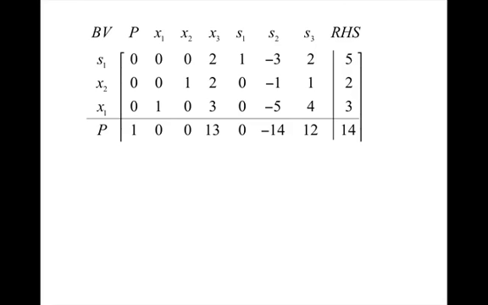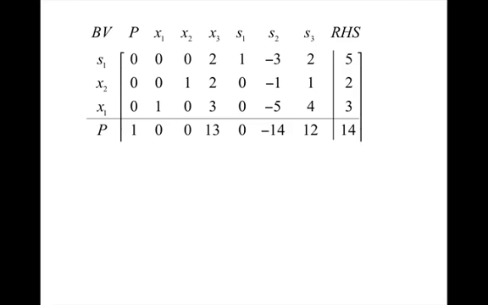Row 2 was 0, 0, 1, 2, 0, -1, 1, 2. Row 3 was 0, 1, 0, 3, 0, -5, 4, 3. And then row 4 was 1, 0, 0, 13, 0, -14, 12, and 14.